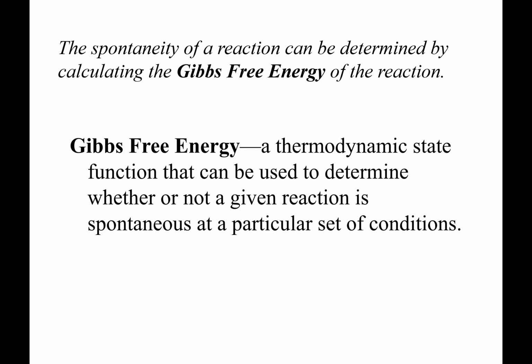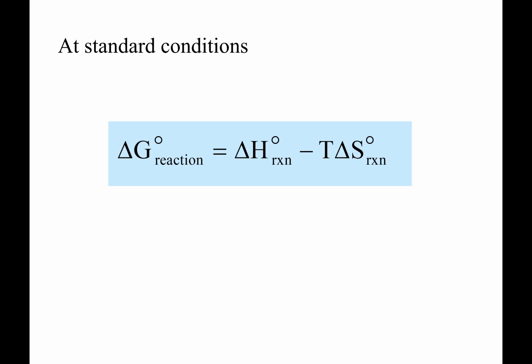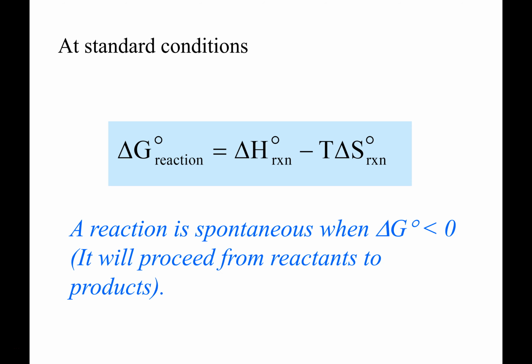So I have another thing to throw at you. You guys know the naught symbols here? Those mean standard conditions. Standard conditions are 25 degrees Celsius and 1 bar pressure.